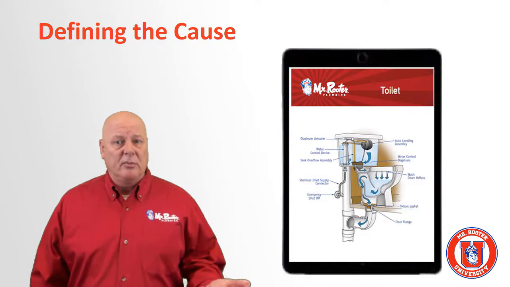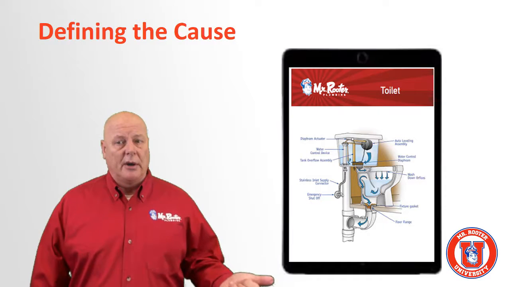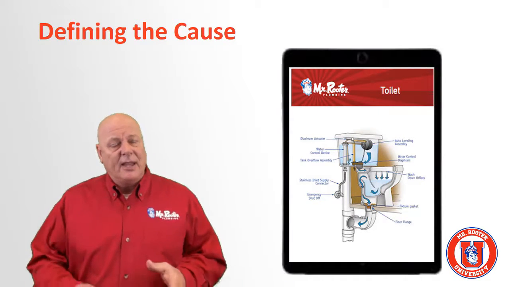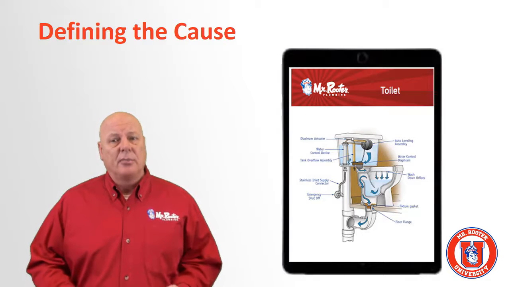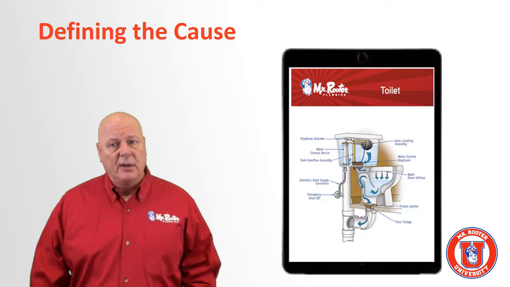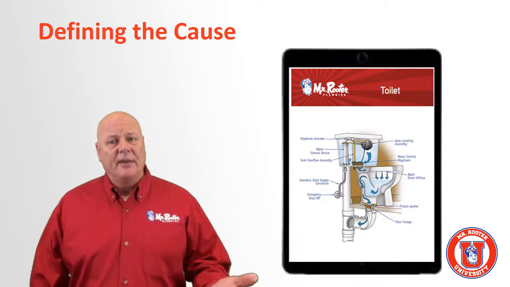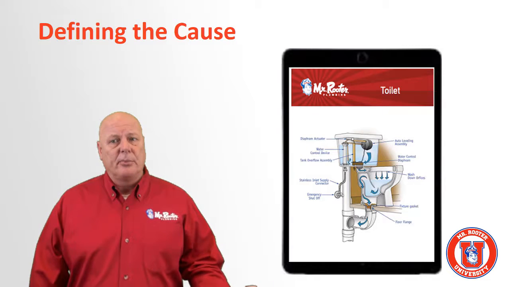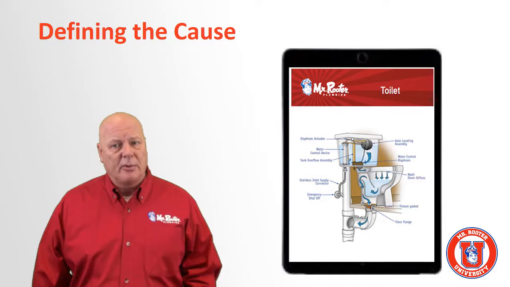All toilets operate based on two very fundamental principles: water and gravity. Affect any one of those two principles and it can cause a problem or a poorly functioning toilet. As you can see, the water is provided by the tank. If the tank doesn't fill up properly or fast enough, the toilet won't operate properly.